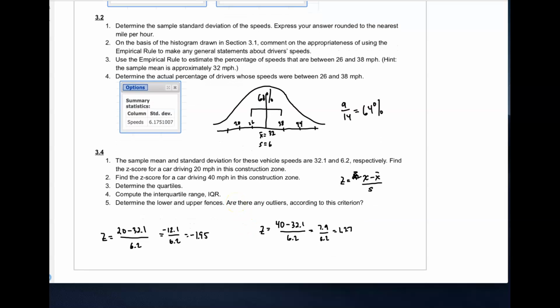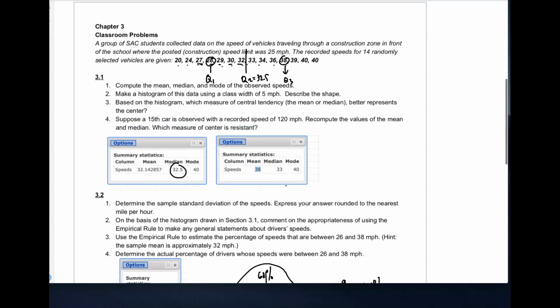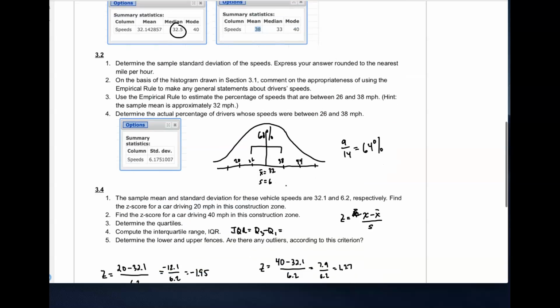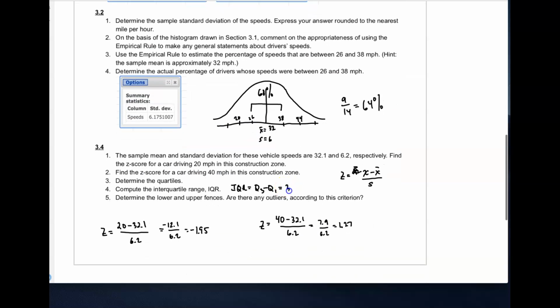quartiles. The interquartile range formula: IQR is Q3 minus Q1. In this case, your Q3 was 38, Q1 is 28. So 38 minus 28, and so you have 10.